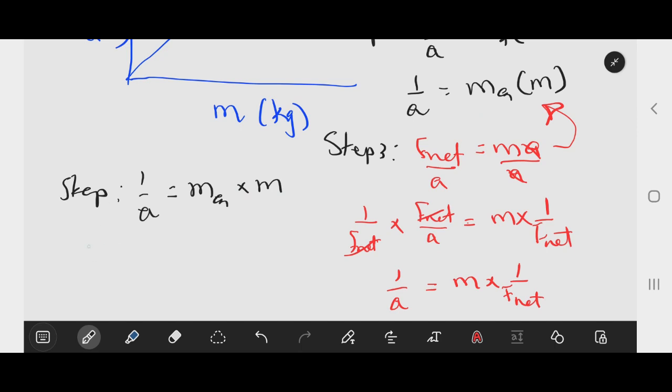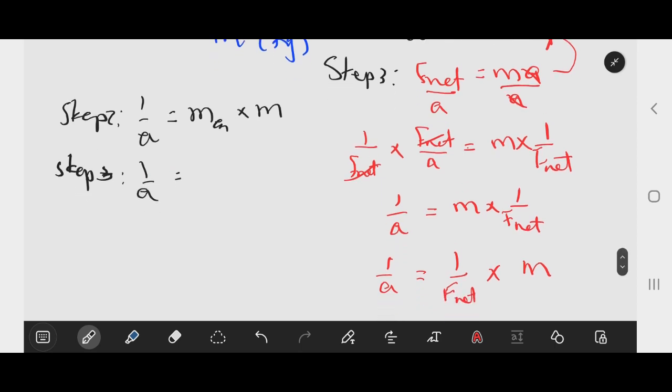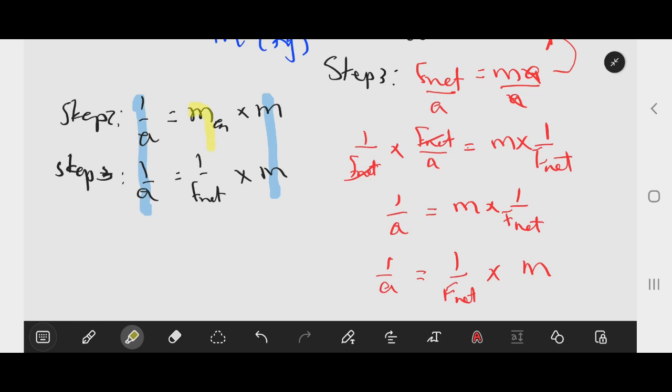And then in step number 3, we have obtained 1 over a equals 1 over F net times the mass. So now let's compare. We have 1 over acceleration, we have the mass of the object, and now we have the gradient being 1 over F net.